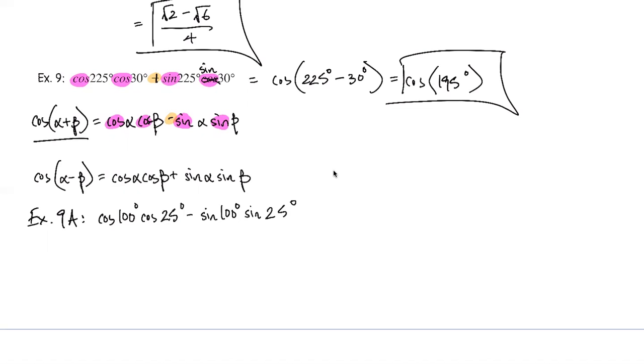Which identity does that look like? And how can we write this as a single cosine expression? That is the sum. Excellent.